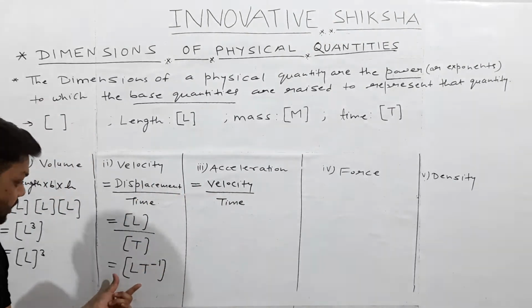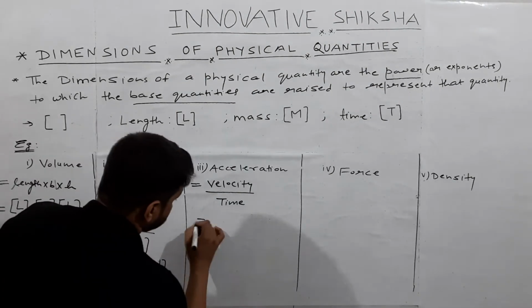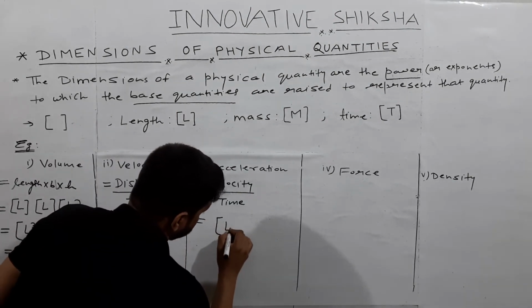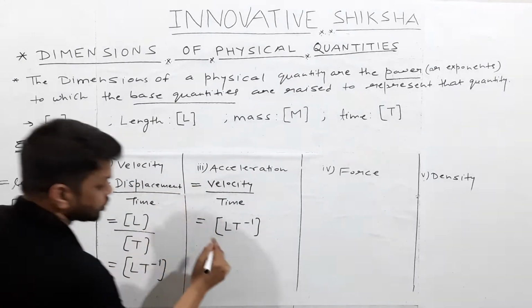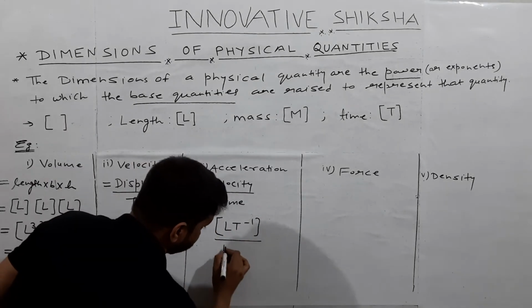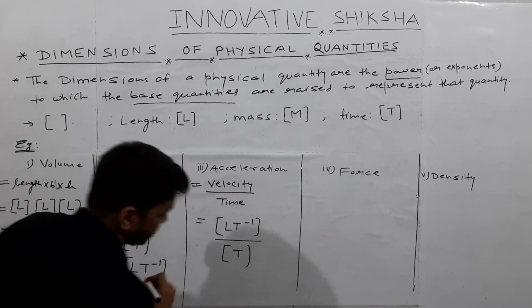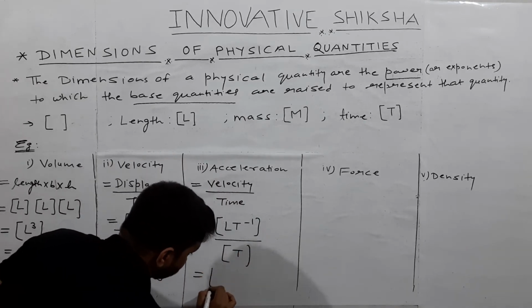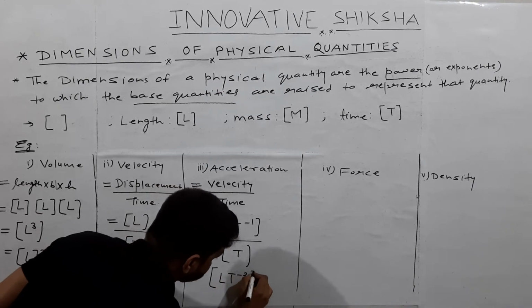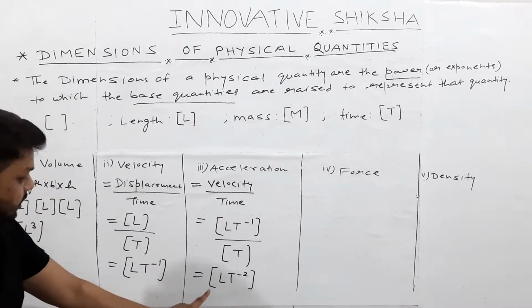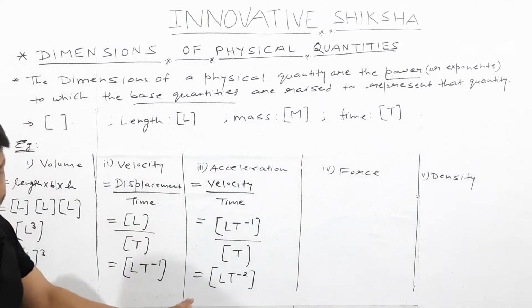So I am writing from here. L T to the power minus 1 is the dimension of velocity, and for time we have T. So what will be the answer? The answer will be L T to the power minus 2. So this becomes the dimension of acceleration.